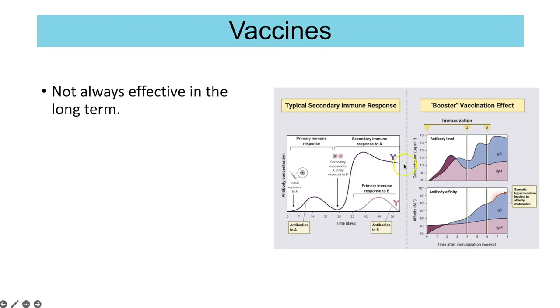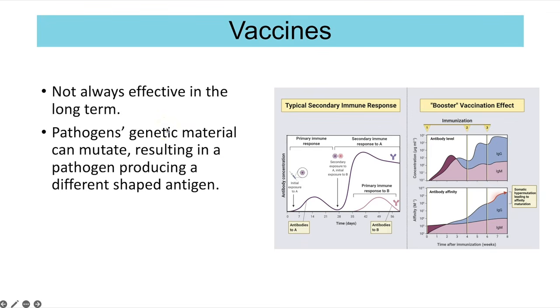So let's just have a look at that. We've got your primary and your secondary immune response. Now, they're not always effective in the long term, and that is because pathogens' DNA can mutate, or RNA if they have RNA. And if the genetic material mutates, it could result in a bacteria or virus having a different shaped antigen on its surface.